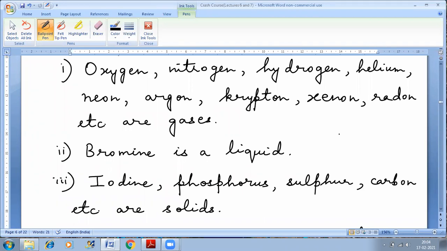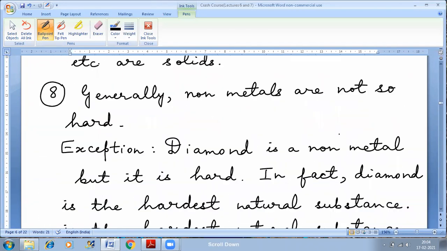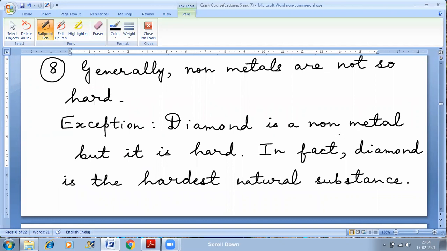Okay. So generally, non-metals are hard. I mean, they're not very hard. They are medium, or they could be soft. But then diamond is the hardest natural substance known. Diamond is a non-metal, so exception is always there. Usually non-metals are not very hard.